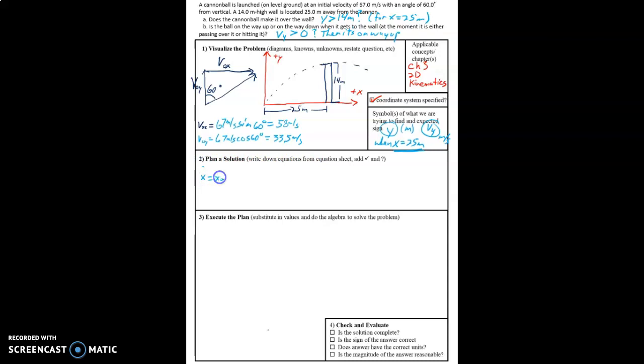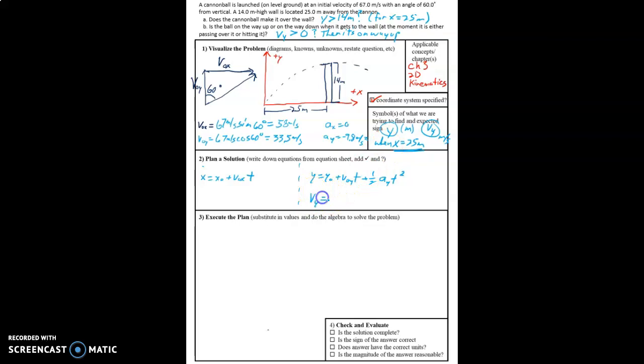x equals x0 plus v0x t. We don't need to write the rest of it because we know that a sub x is equal to 0. And that's going to allow us to solve for the time. In the y direction, we're going to want to use this equation, y equals y0 plus v0y t plus 1/2 ay t squared. That'll tell us y.